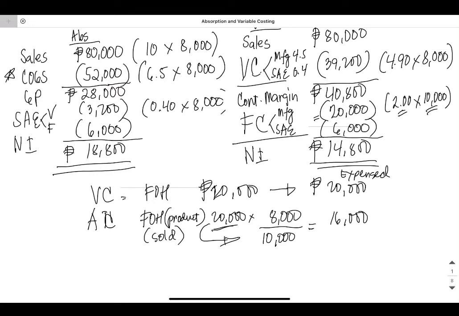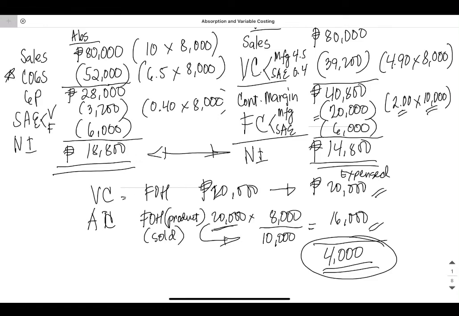So in this case, there is a difference in terms of the fixed overhead cost recognized in the income statement. Expense under variable costing is 20,000, but under absorption costing is only 16,000. So the difference is 4,000 pesos. So this is the cause of the difference between the operating income under these two methods.